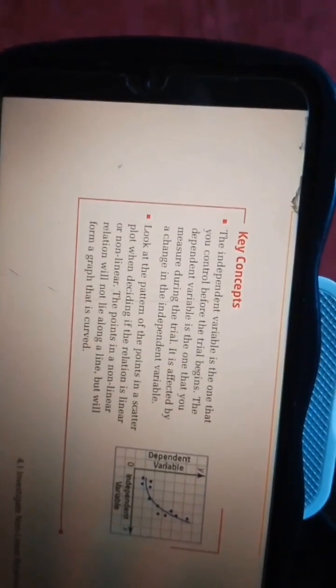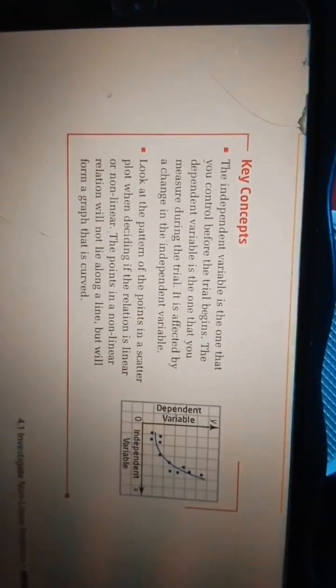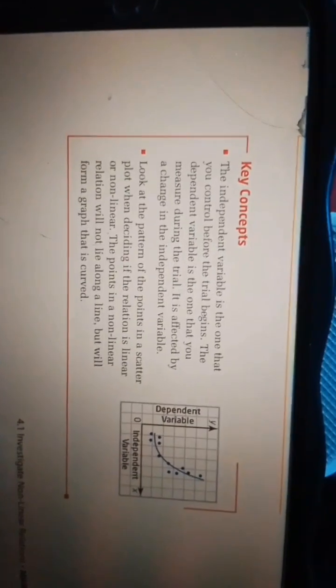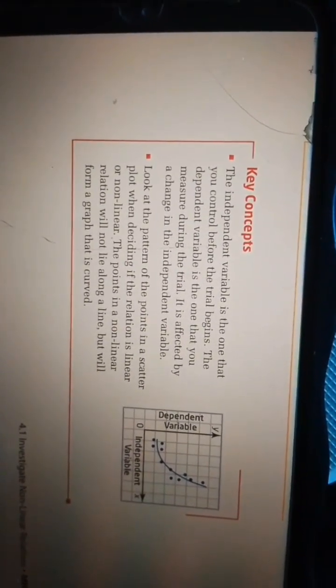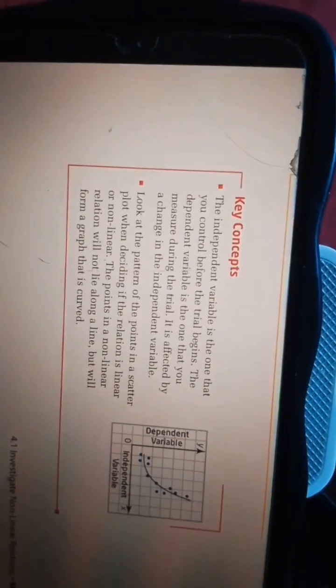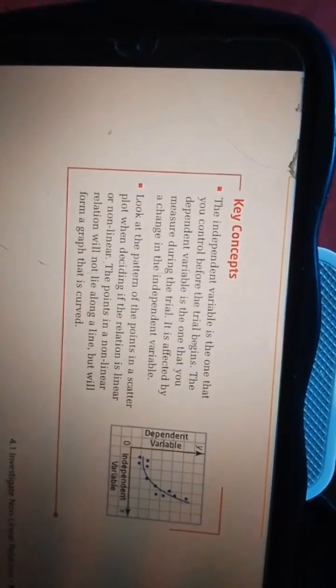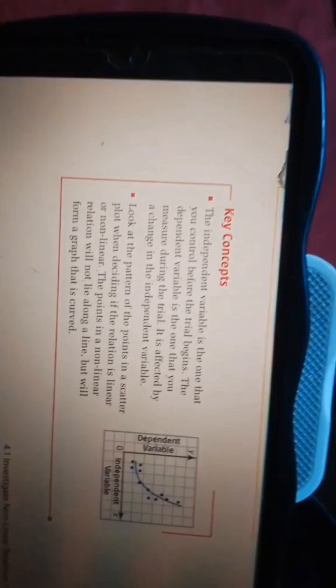Here in the figure, you can locate where the dependent variable is. Always remember that the independent variable is located at the x-axis and the dependent variable is located at the y-axis.